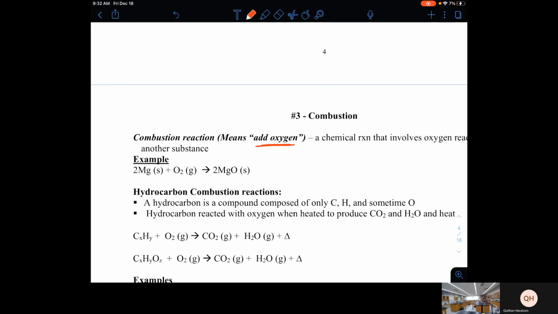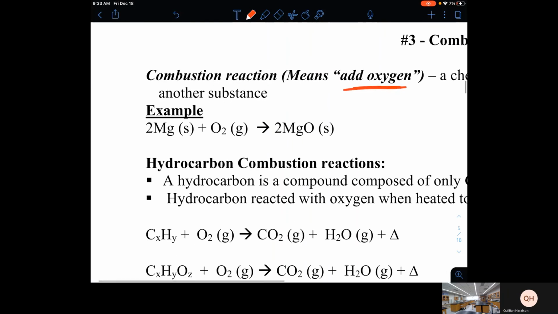So if I say something such as, hey, the wood is combusting, then it is a factual statement because the wood is burning in the presence of oxygen. And if the oxygen was not there and we suppress the oxygen, the wood would no longer combust and it would no longer burn. So the first sort of reaction to look at is this magnesium reacting with the oxygen.